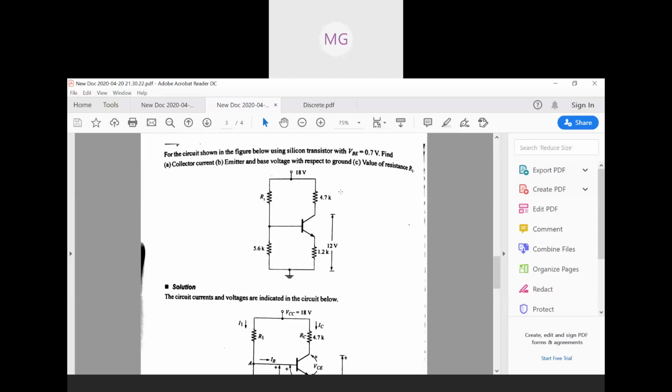So collector current you are going to calculate. Collector current IC, you can easily calculate here. How can I calculate? See, the potential between these two ends I know. That is VCC minus VC divided by RC, which is 4.7K.